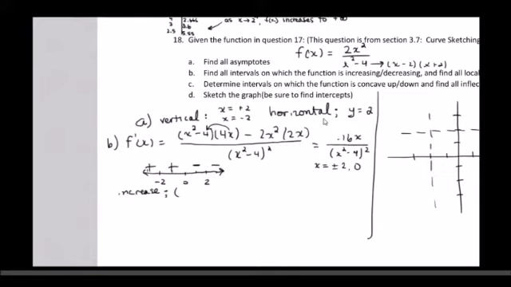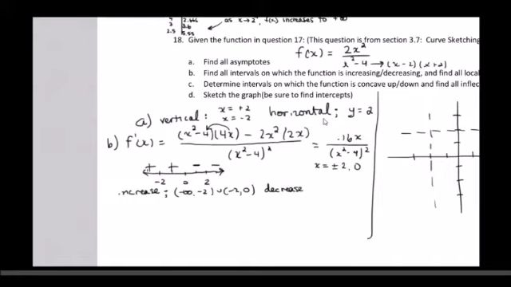If x equals -2, if you go back up to the original function here, the function isn't defined. So I'm not simply going to say that the function is increasing all the way from here to here. I'm going to separate this into two intervals, from -infinity to -2, and from -2 to 0.